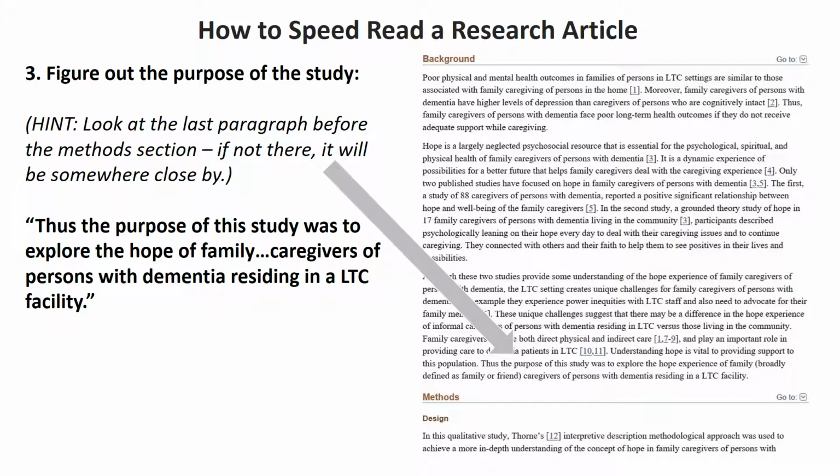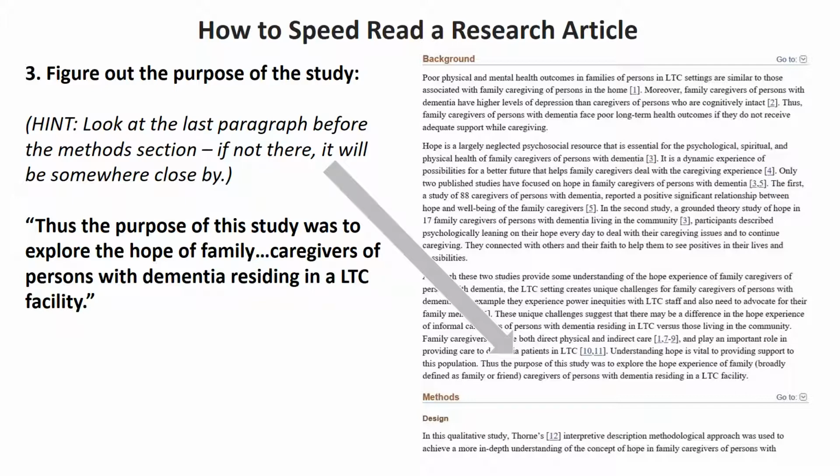So now we're at step 3, figuring out the purpose of the study. And remember I said, look at the last paragraph before the methods section. And if it's not there, it's going to be close by. And sure enough, it's the last sentence in the last paragraph, which says, thus, the purpose of this study was to explore the hope of family caregivers of persons with dementia residing in a long-term care facility.